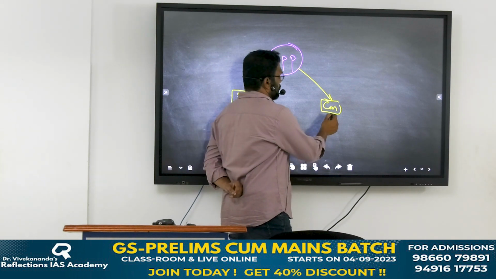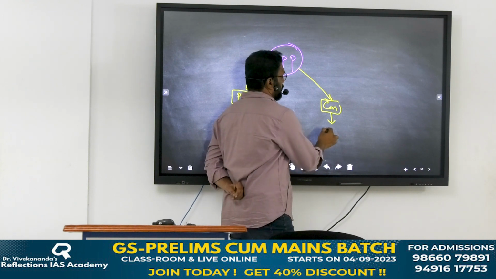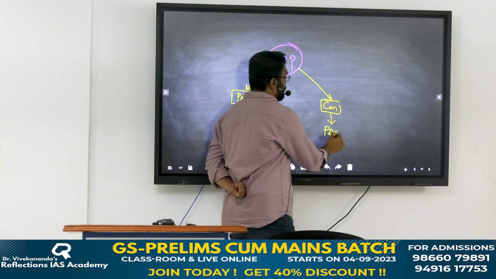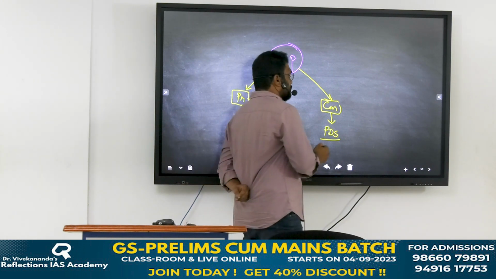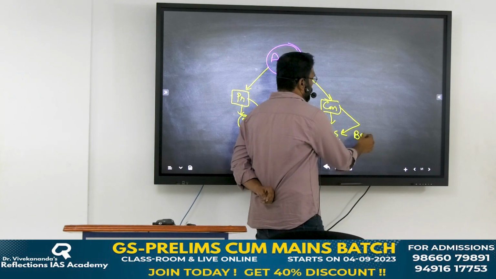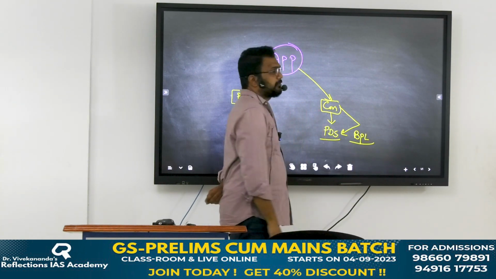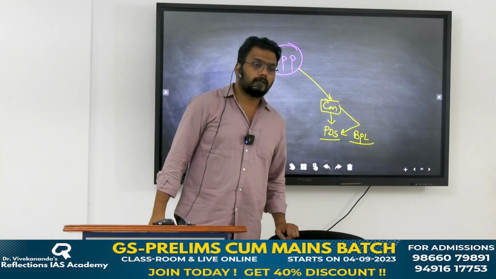Protecting the consumers means how do they protect the consumers? PDS. What is PDS? Public distribution system. Consumers, especially those consumers who belong to the BPL families, below poverty line.